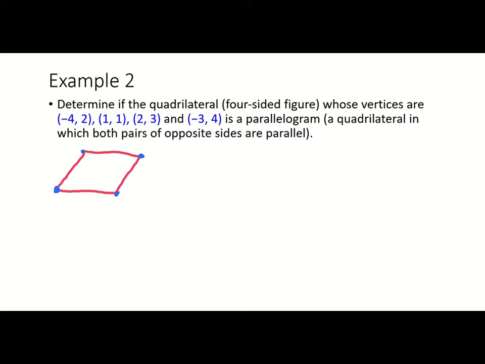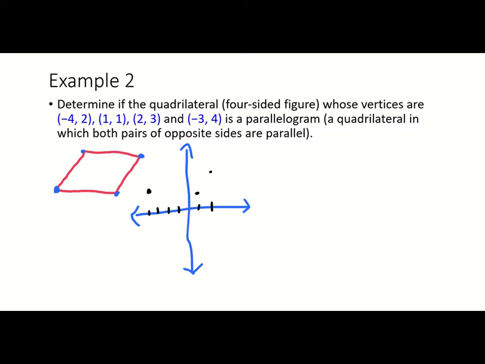So really what we need to do is first, I'm going to roughly sketch our quadrilateral just so we can see it. All right, so we have (-4, 2). So 1, 2, 3, 4, 1, 2, so right there. (1, 1) would be right there. (2, 3), right there.